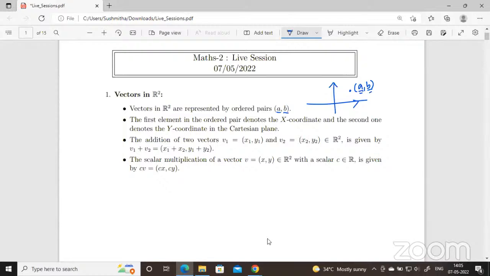Component wise. You add the first component of the first vector with the first component of the second vector, and similarly the second component of the first vector with the second component of the second vector. That's how you add two vectors. And scalar multiplication. What do you mean by scalar multiplication?